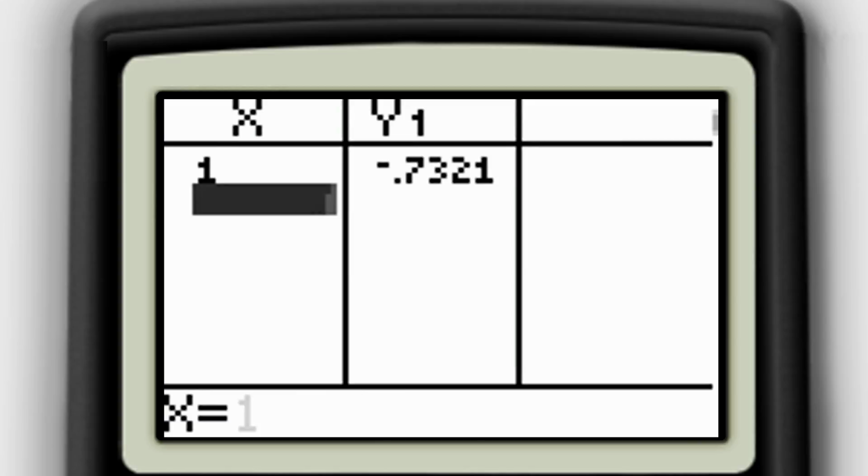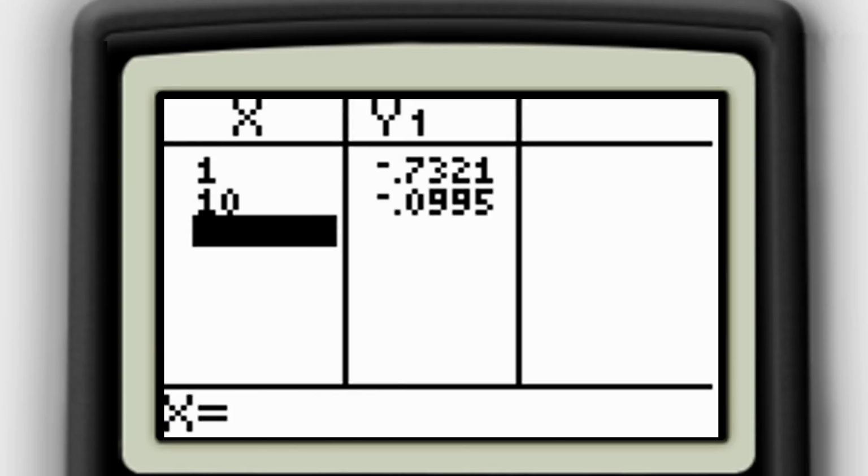So what we see when we do that is that our function value is approximately negative 0.732. So continuing along, let's substitute in 10 to the first, or just 10, into our function. And what we see here is our function value is approximately negative 0.100. 10 squared, or 100.